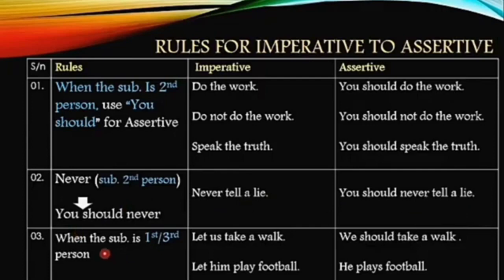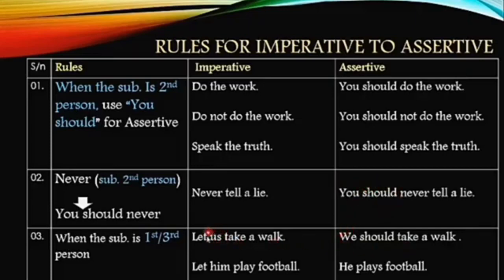Rule number 3, when the subject is first person or third person, how are we going to change them from imperative to assertive? Let us take a walk. Here the speaker is talking about us, which is the subject, first person plural. Then the sentence will be, we should take a walk, in assertive. Earlier you have seen that we used "you should" and here "we should".